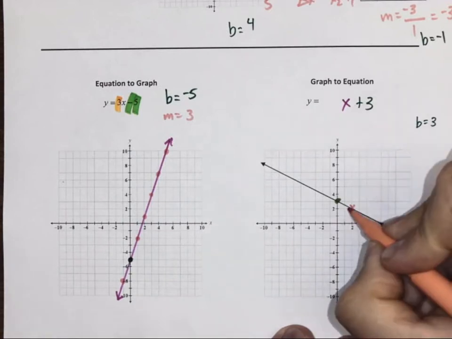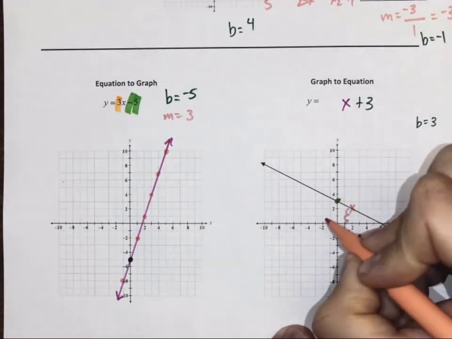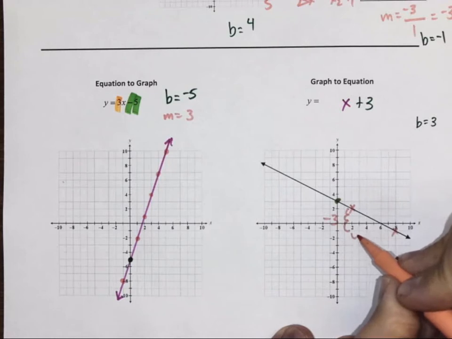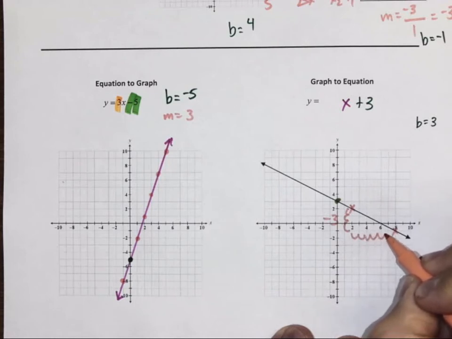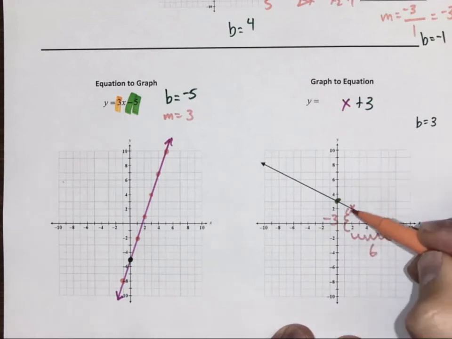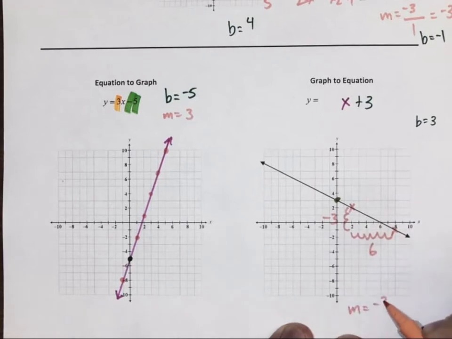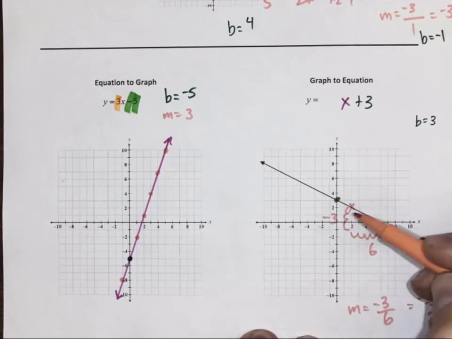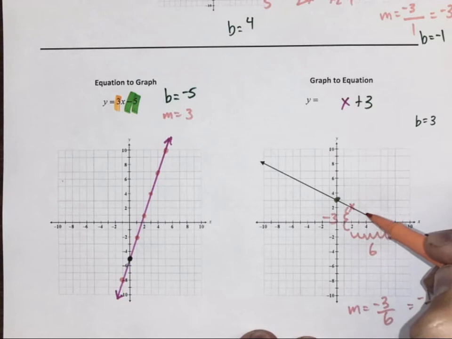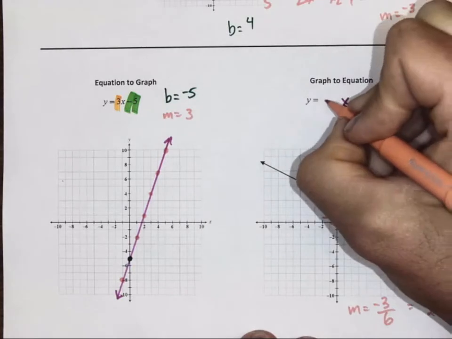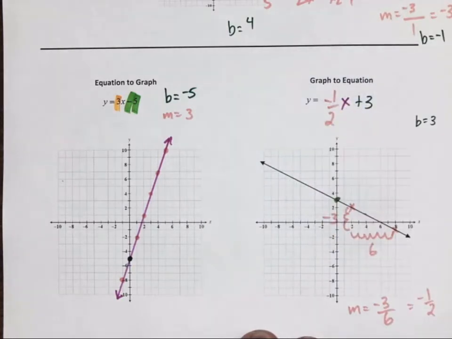So let's see, I go down 1, 2, 3, -3, and I go over 1, 2, 3, 4, 5, 6. I've shown my work on the graph. So my slope is -3 over 6, which I can reduce to -1/2. Down 1 over 2. If I pick two closer points, down 1 over 2, there we go. So that slope goes right into the equation.